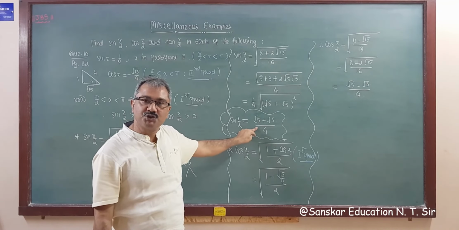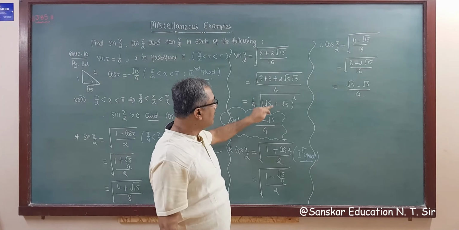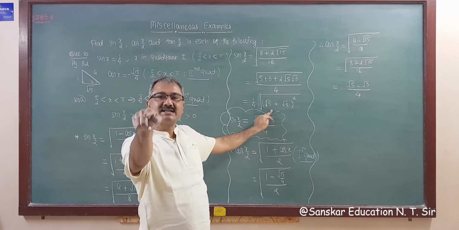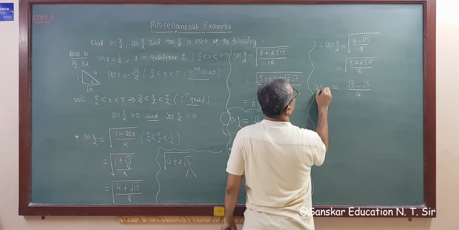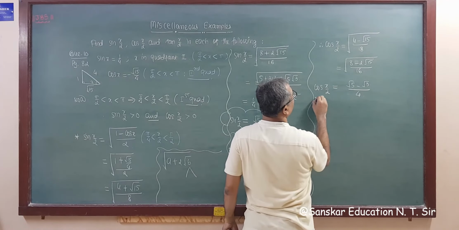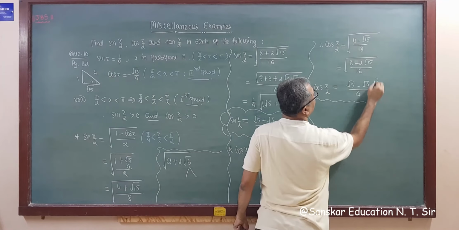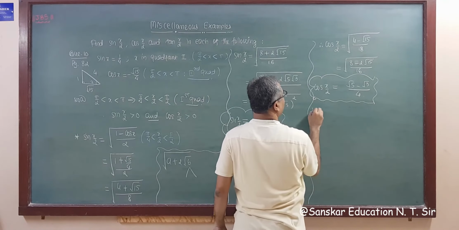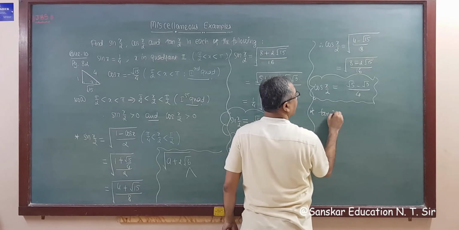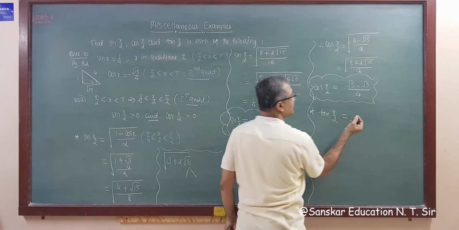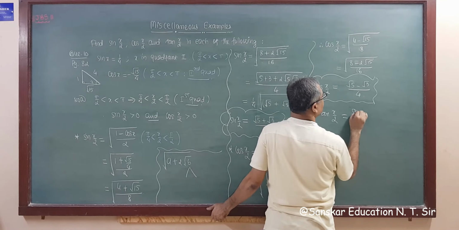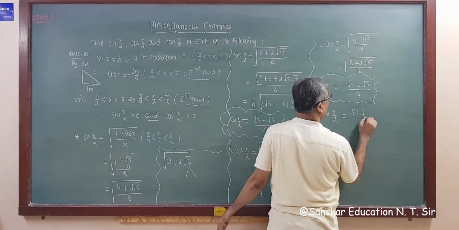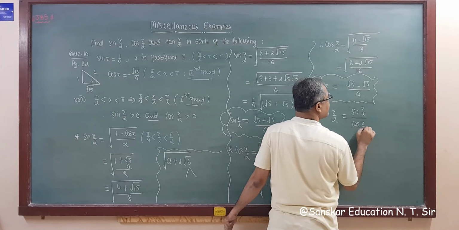No need to write more steps because you did it here and it is the same procedure; instead of plus there is a minus, so this is a minus the whole square. So cos x by 2 is root 5 minus root 3 divided by 4. And tan x by 2 as usual is sin x by 2 upon cos x by 2.